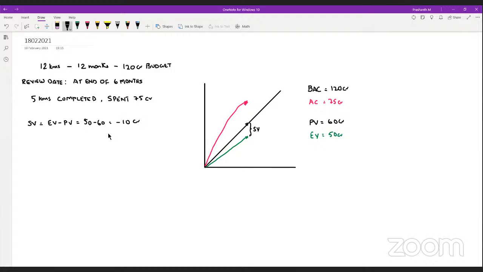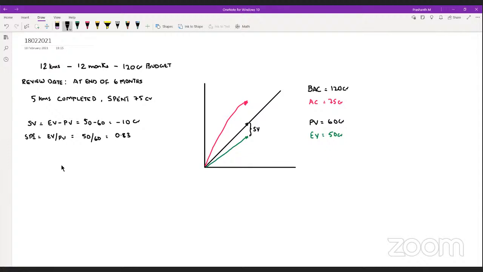So you're behind schedule, and that is worth minus 10 crore. Now, if I take an index of this, we call it the schedule performance index. It means the ratio EV by PV, that is 50 by 60, that is 0.83.